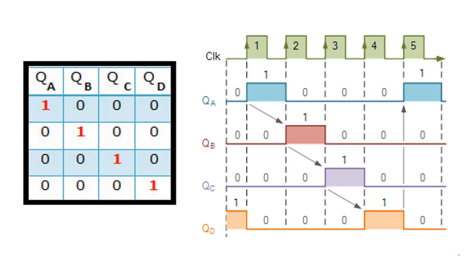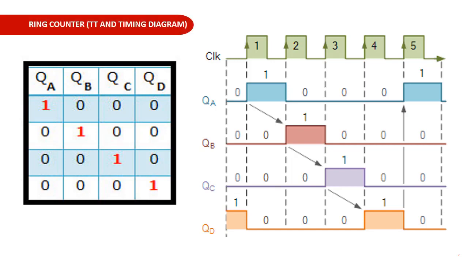The timing diagram and truth table is again shown here. Here you can see that initially we are making one of the flip-flops 1 and all other flip-flops 0. So here it is shown that we are making QD as 1 initially, and QA, QB, QC as 0.